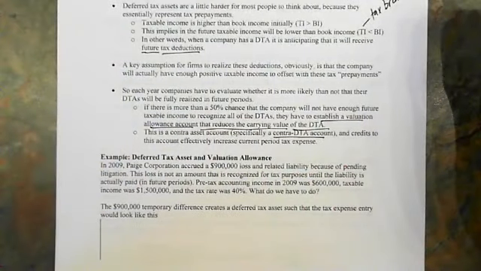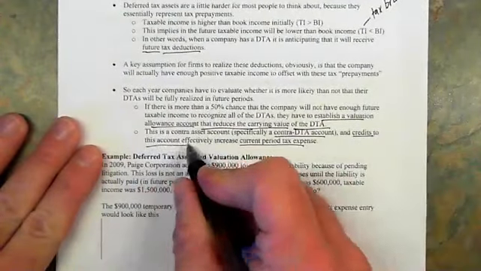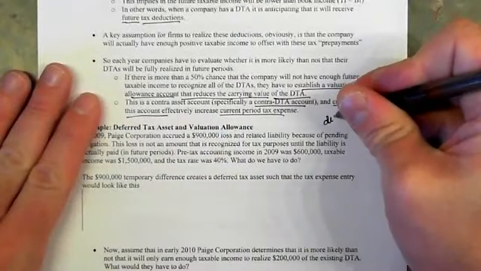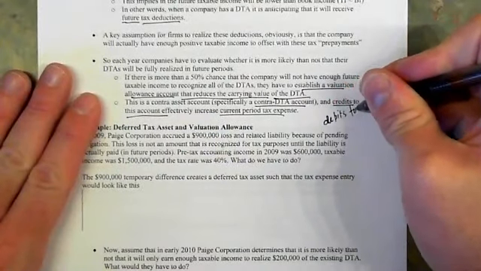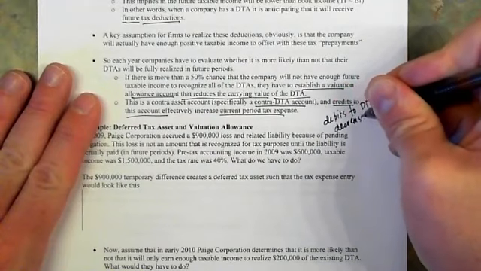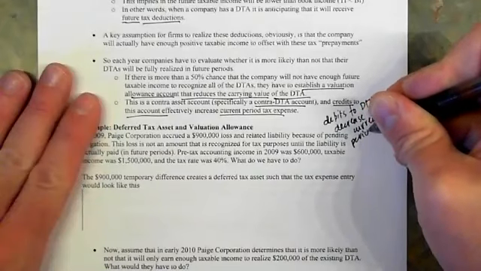And the credits to this account will effectively increase current period tax expense, right? If you think about it, debits to DTAs decrease current period tax expense.